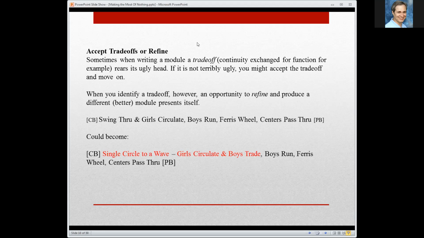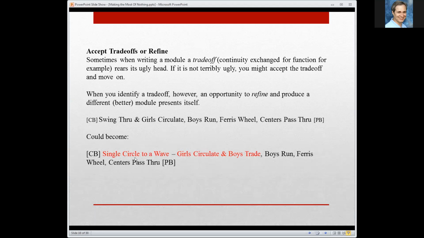Bob Elling really felt strongly about that one, and I didn't feel too strongly about it. There's a lot you can do with timing, and having the boys stand and wait for a girl to show up is not something out of their realm of experience. In other words, men are always waiting for ladies to show up and do something. So that trade-off can be solved if we change the choreography a little bit.